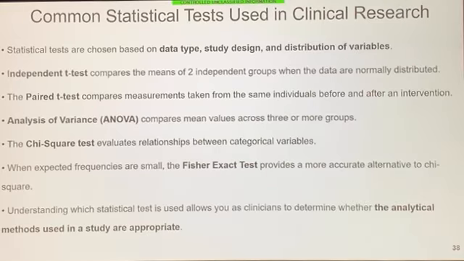So there are also some other commonly used statistical applications that you will see. You might see independent t-tests. That's when the mean values of two groups are measured against each other. And that could be looking at two different drugs. The paired t-test is a before and after measurement.